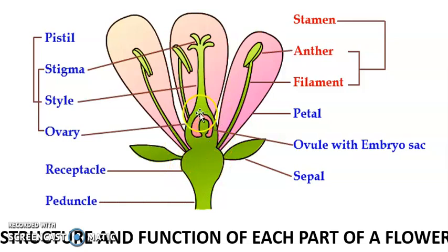Boleh hafal pistil ni terdiri daripada S, S, O and O. Just now stamen kita ingat AF, ini jantan, yang ni organ betina. Pistil ingat S, S, O, O.